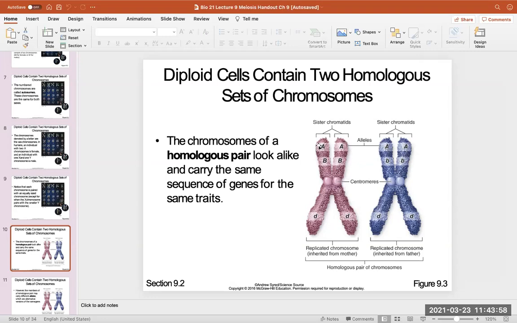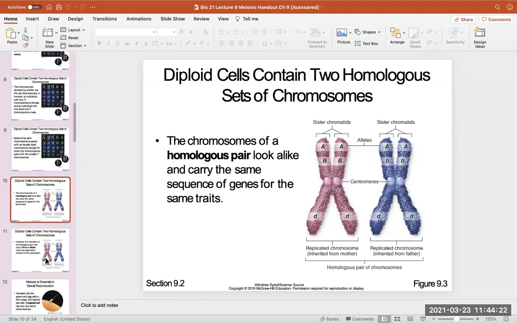I said during class, this is for cake and this is for ice cream. Big A gives you chocolate cake. You have chocolate cake here, you have chocolate cake here. Big B gives you vanilla ice cream, and little b gives you chocolate ice cream maybe. So this gene is still for ice cream, but it's a different version of ice cream. So alleles are different versions of the gene. They're not different genes, they're just different versions of the same gene.